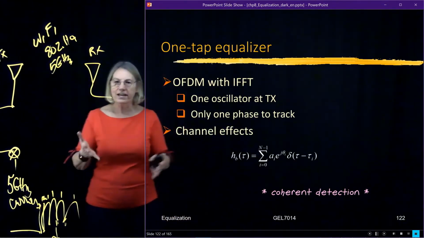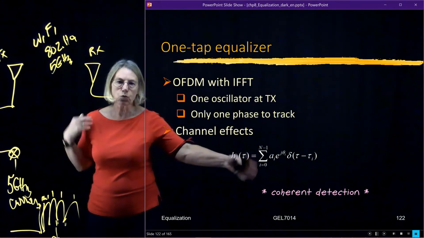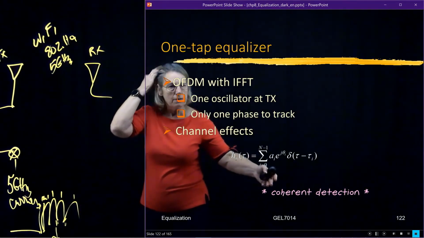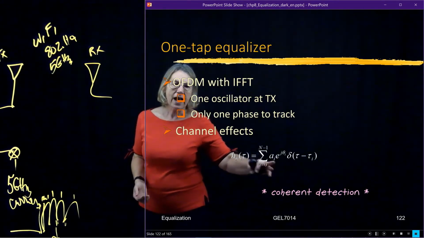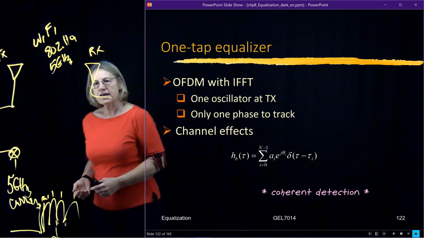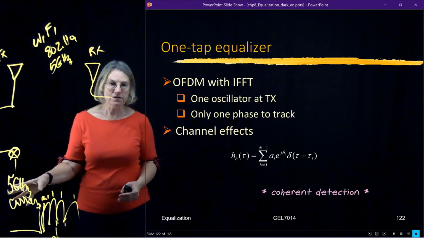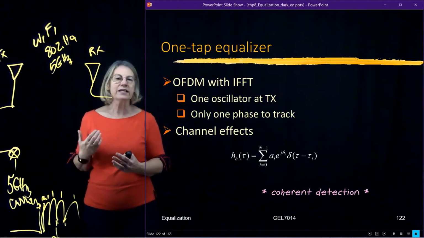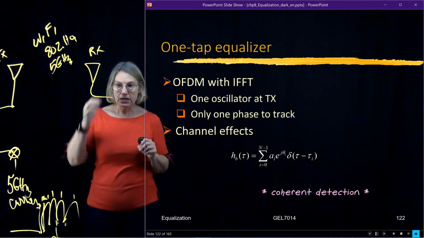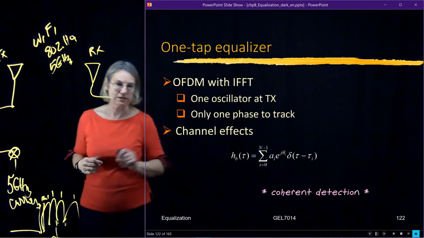But there are channel effects. I was talking about how each one of the multipath returns could have a change to the phase and a change to the amplitude. So that means that although there's only one physical oscillator, there are channel effects that I really should be equalizing in order to have good coherent reception.